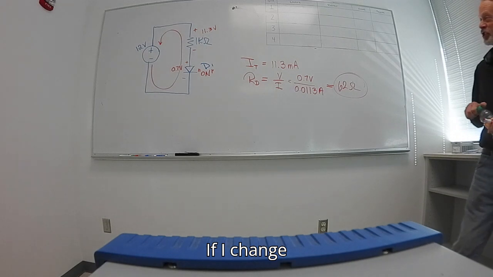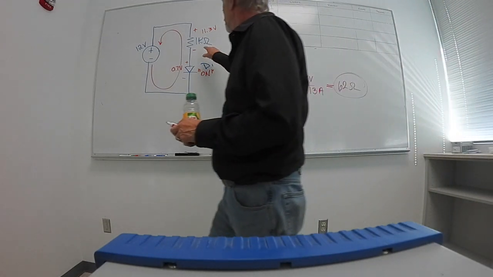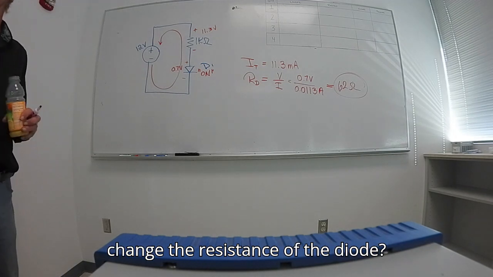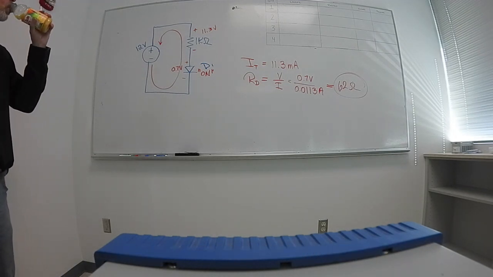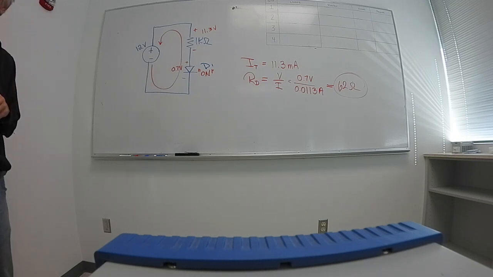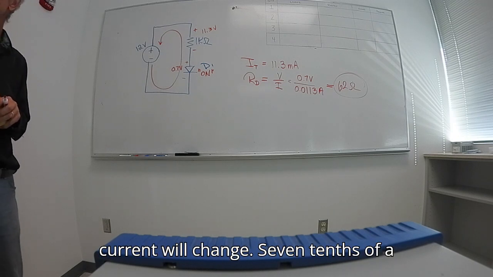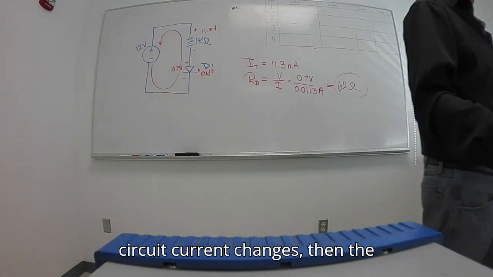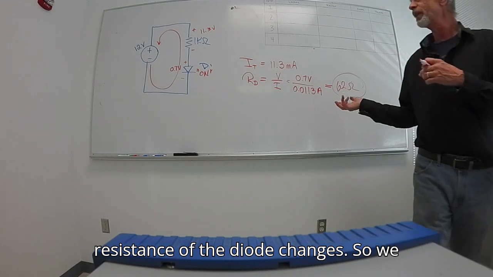If I change the value of this resistor, will that change the resistance of the diode? And the answer is yes, because the current will change. 0.7 of a volt will not change, but if the total circuit current changes, then the resistance of the diode changes.